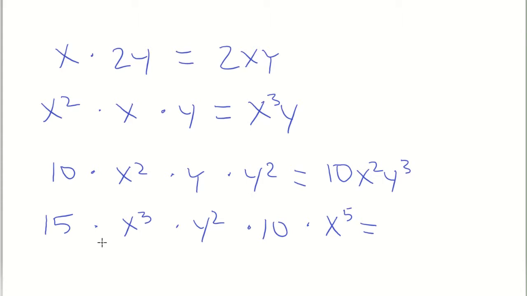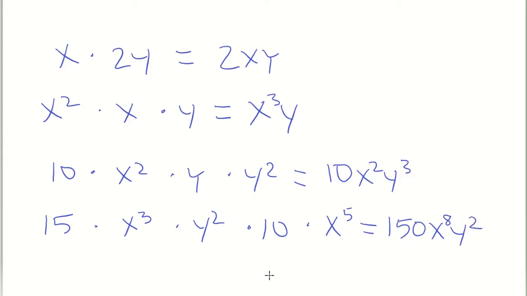This one here, we'll do the number first. You've got a 15 and a 10. Everything's being multiplied, so that's 150. And then the x's, you've got x to the third and x to the fifth. 3 and 5 is 8. And you've got a y squared, and that's the only y there, so it's y squared.